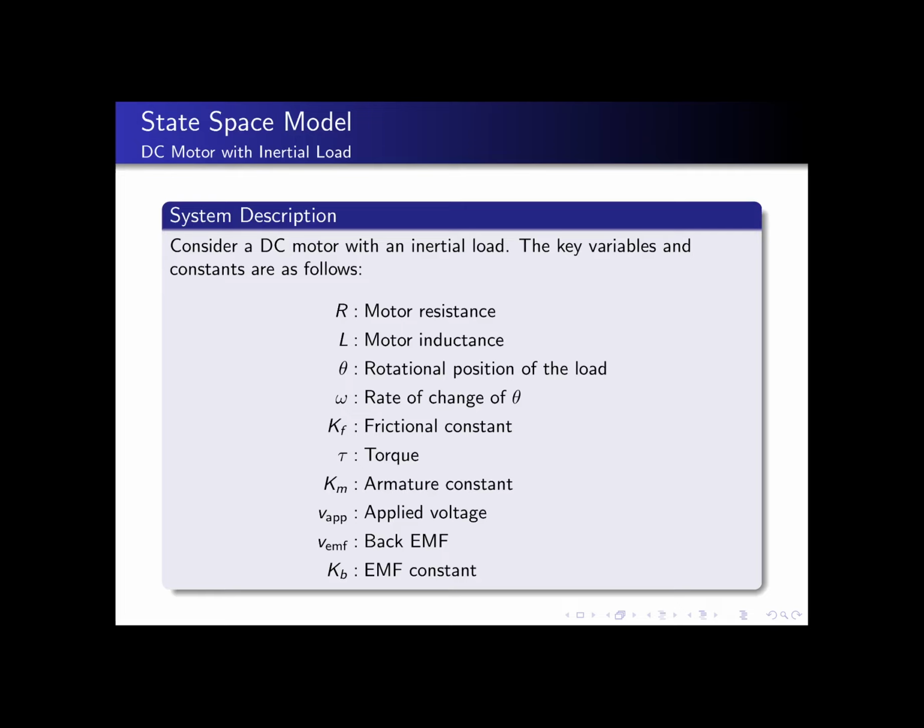We also have an armature constant, which is based on the number of windings on the armature. And then there's the applied voltage from the battery or some other source. And then the back EMF coming out of the motor, generated by the motor, and the constant for that back EMF.